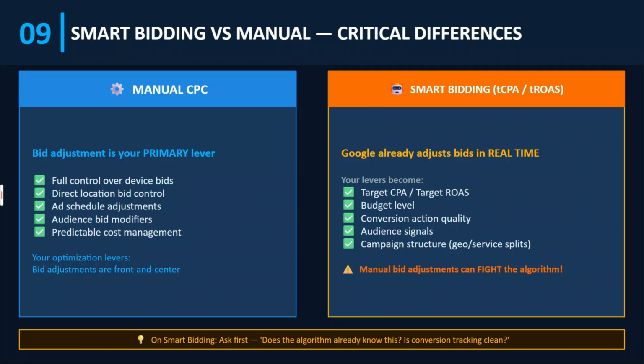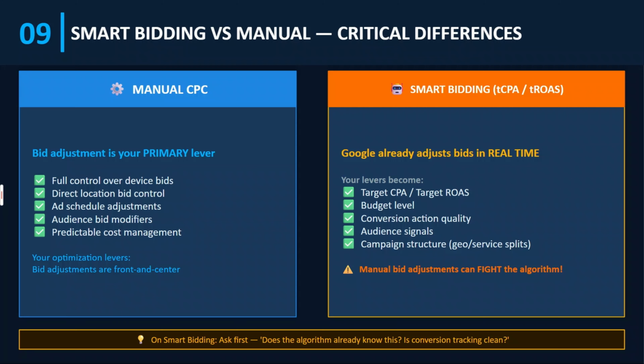This tells the algorithm what performance you want. Your budget, giving the algorithm more room to learn. Your conversion tracking quality, garbage in, garbage out. Your audience signals, helping the algorithm find the right people. And your campaign structure, sometimes splitting campaigns by service or location is more powerful than a bid adjustment.